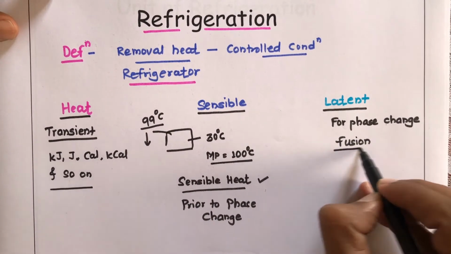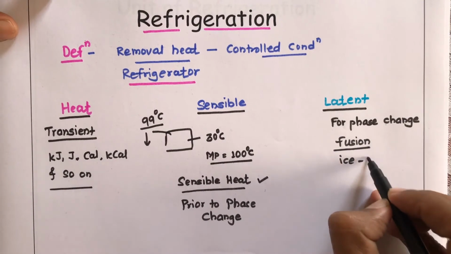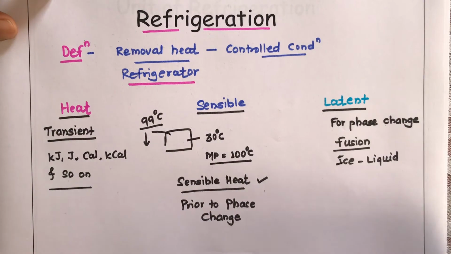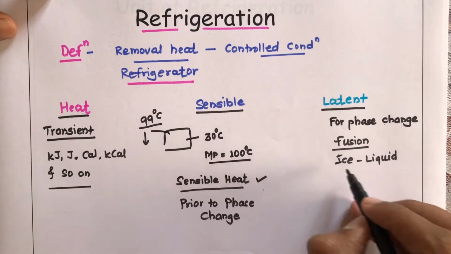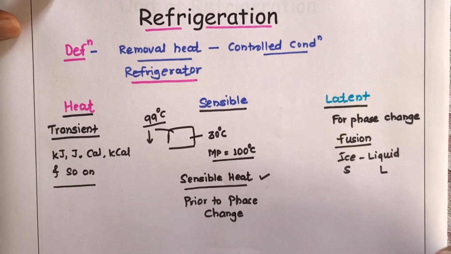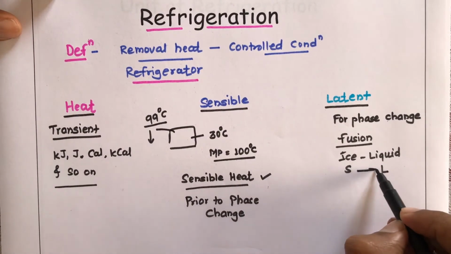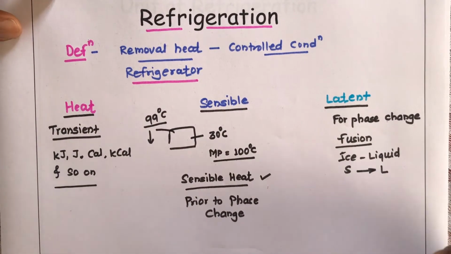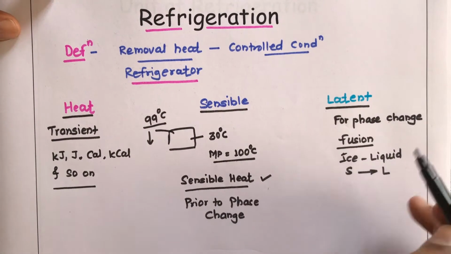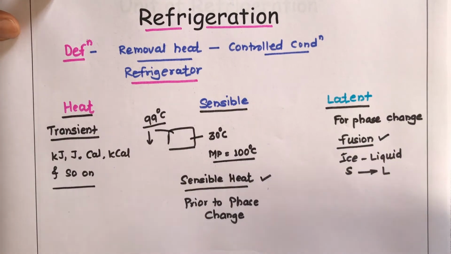Suppose I am converting ice into liquid. Ice is solid and this is liquid state. In order to have this phase change, the quantity of heat gained is the latent heat of fusion.